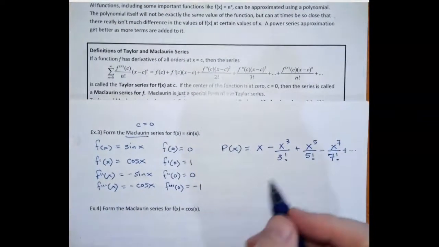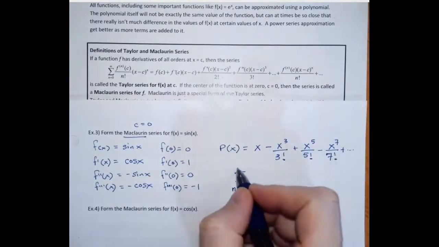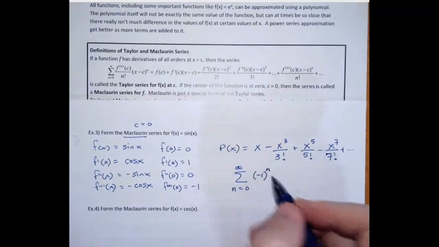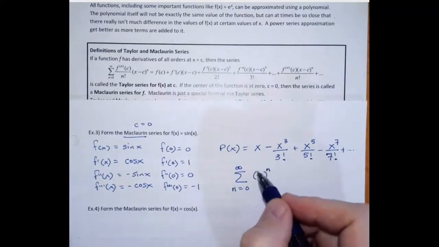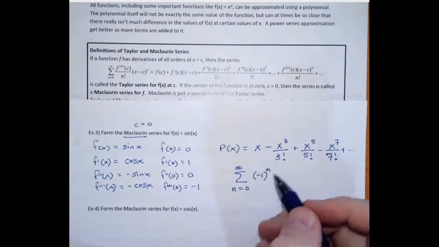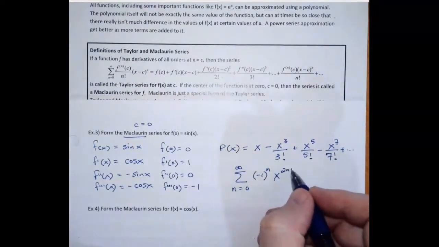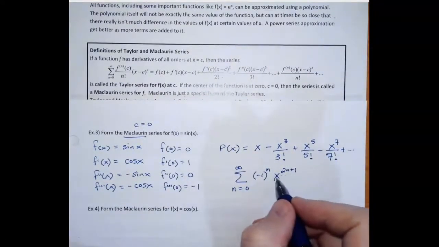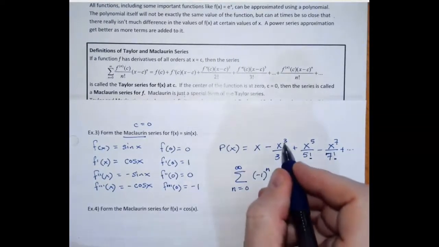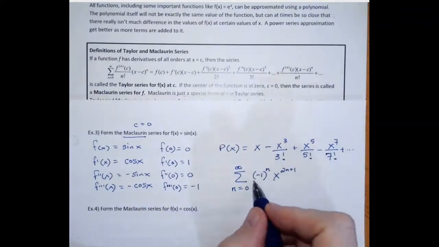But now we need to turn that polynomial into a series. So we're going to say n equals 0 to infinity, and we have negative 1 to the n. So when that's 0, that's going to be positive 1, and when that's 1, it's going to be negative, so that's going to alternate the signs there. Now for x, the exponent is going to be 2n plus 1, so we're going to plug in 0 there, so the first time it's going to be x, and then we plug a 1 in there, we're going to get 3, and we plug a 2 in there, we're going to get 5, so that's going to give us those.